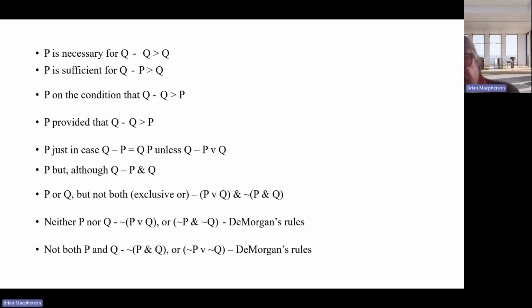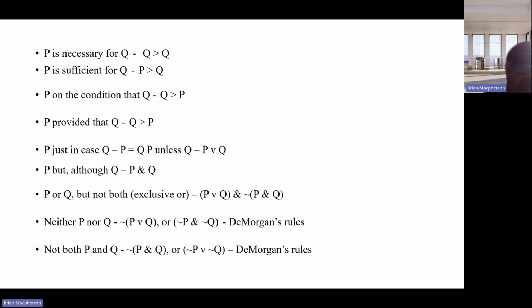P is sufficient for Q: P is always the antecedent of the conditional, P then Q. P on the condition that Q is again Q then P. P provided that Q, Q then P. P just in case Q is the same as P if and only if Q, so P equivalence Q.